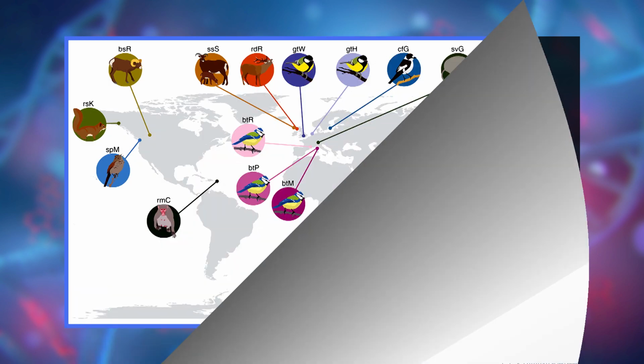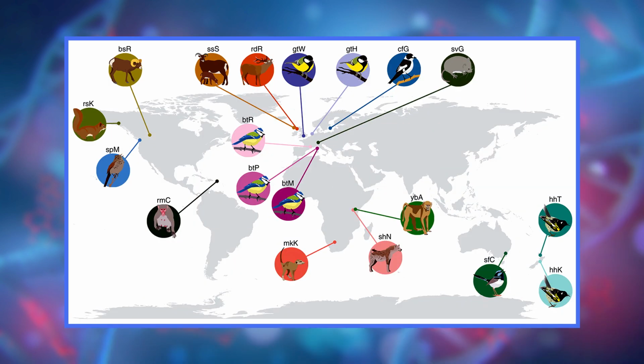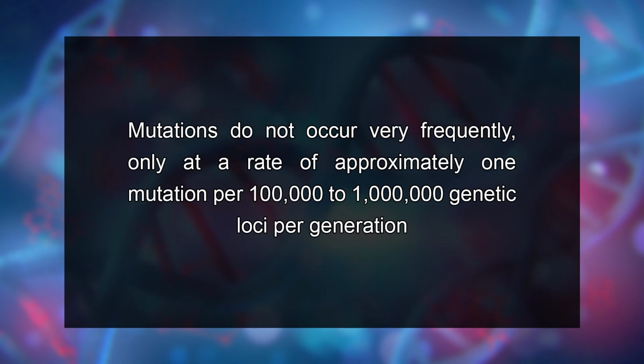Empirically, deleterious mutation rates can sometimes exceed 1 per individual per generation, and it is well established that transient mutations contribute substantially to standing genetic variation in fitness-associated traits. However, mutations do not occur very frequently, only at a rate of approximately 1 mutation per 1 lakh or 10 lakh genetic loci per generation.